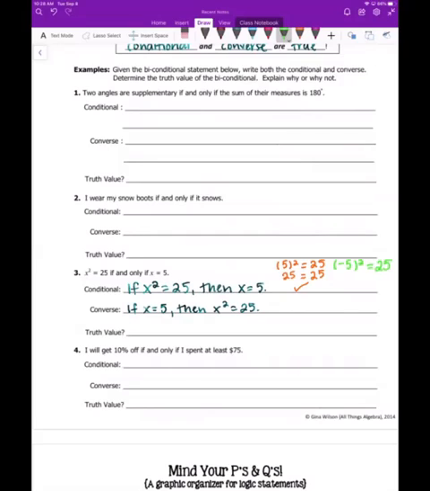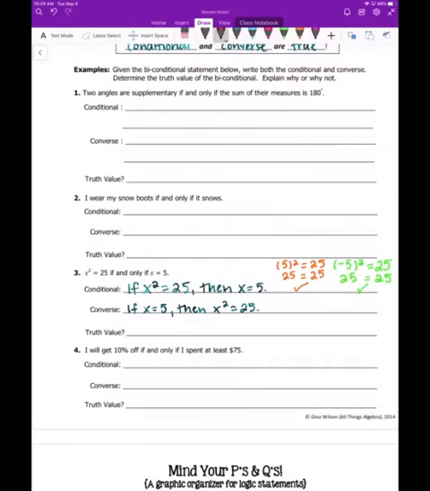Negative 5 times negative 5 is positive 25, which gives us 25 equals 25. That is also a true statement. So because we plugged in 5 and negative 5 and both expressions came out to be true, this conditional statement is false.